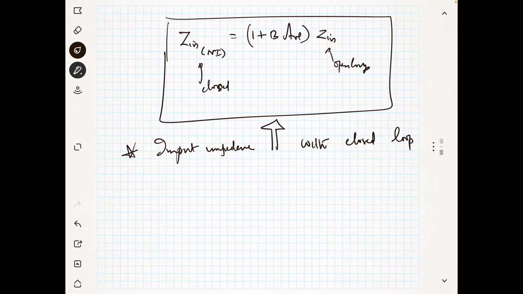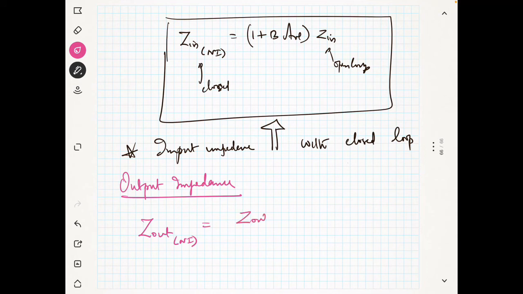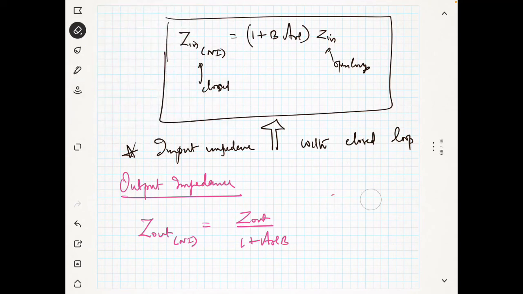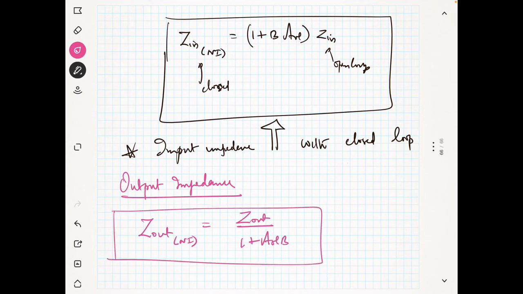Okay, now we will see another property, output impedance. What about output impedance? Actually I am not going for the proof. You can see that Z out non-inverting will become Z out divided by 1 plus AOL into beta. That means output impedance decreases with the feedback. This is the condition which we need. It's a good condition. Both are good.